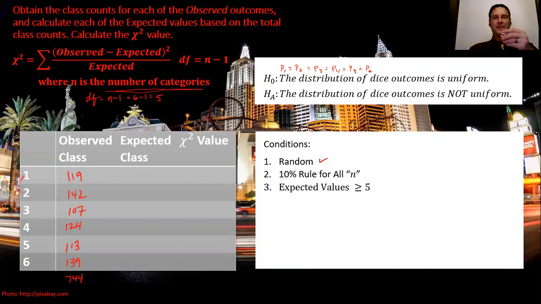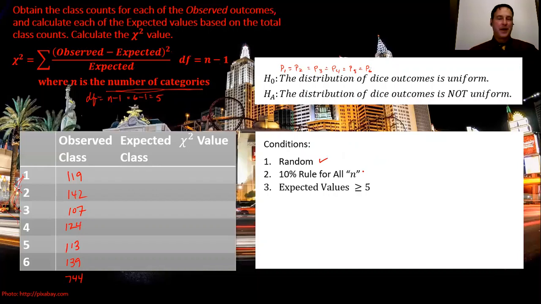Now, there is replacement with your outcomes. So once you roll a dice, for example, if you get a 6, that 6 goes back into the pool of outcomes when you roll it again. Though not all moments like this will have a replacement. If you cannot do a replacement, then you'll have to do a 10% rule.